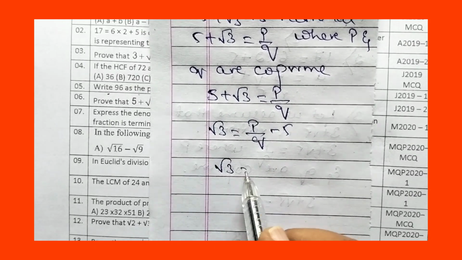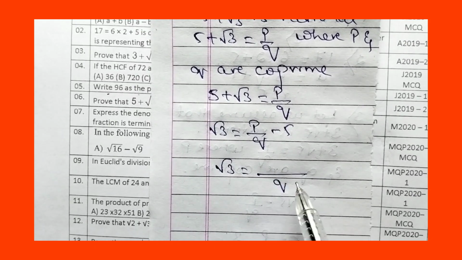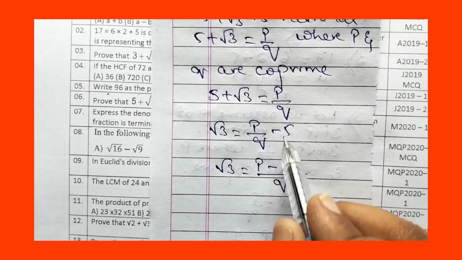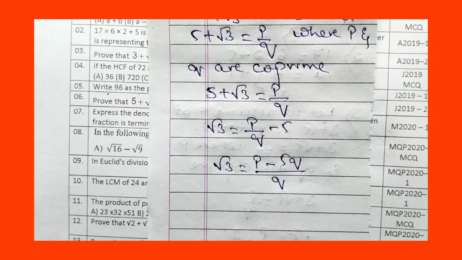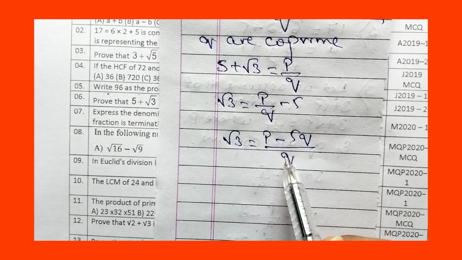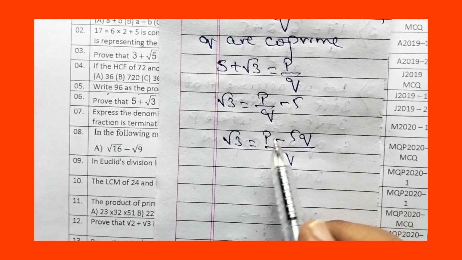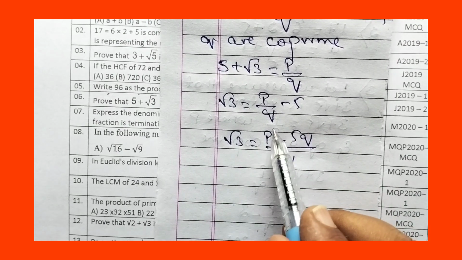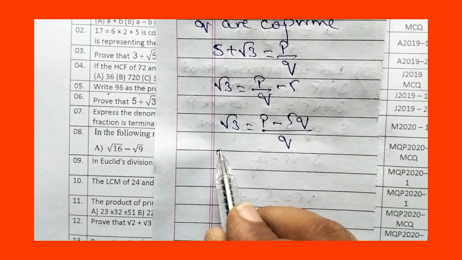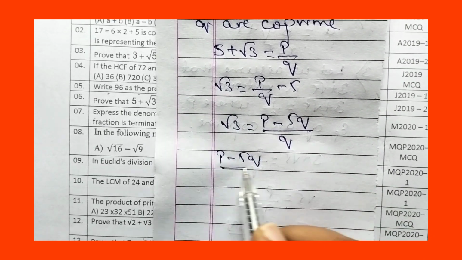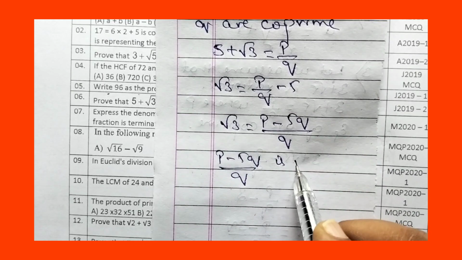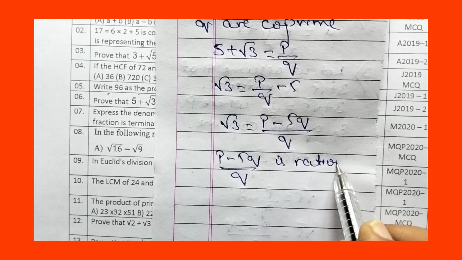Root 3 is equal to, the denominator is Q, so P minus 5Q by Q. P minus 5Q divided by Q is rational because it is in the form of P by Q.